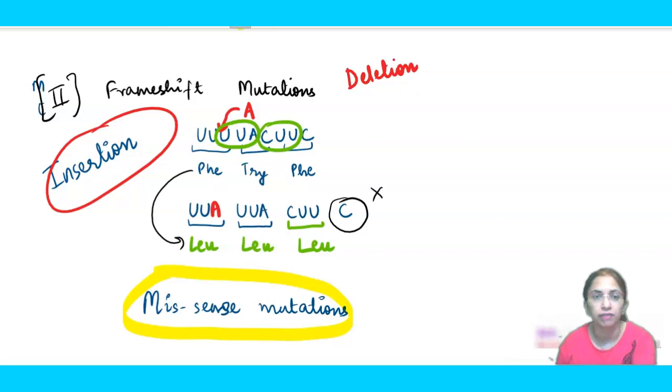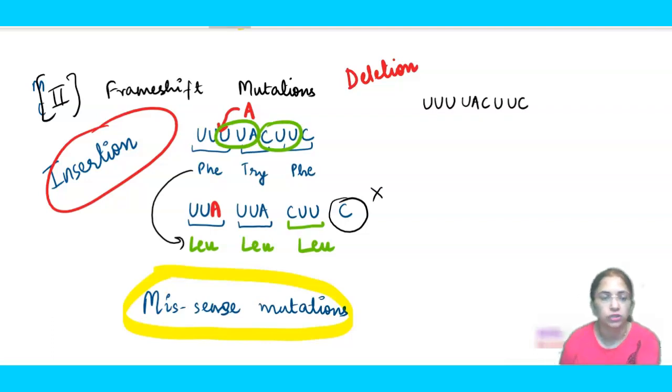So again, if I am taking the same sequence, it is UUU and UAC and UUC. Okay, so suppose this base has been removed somehow. Now, what would be the sequence of the amino acids? First of all, we will be making the codons.